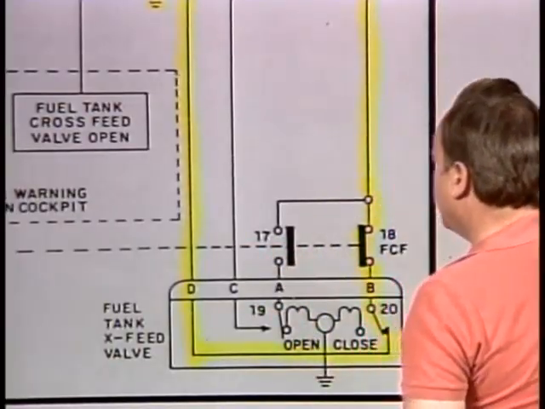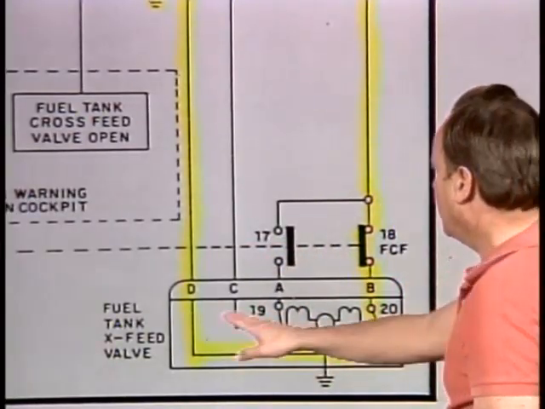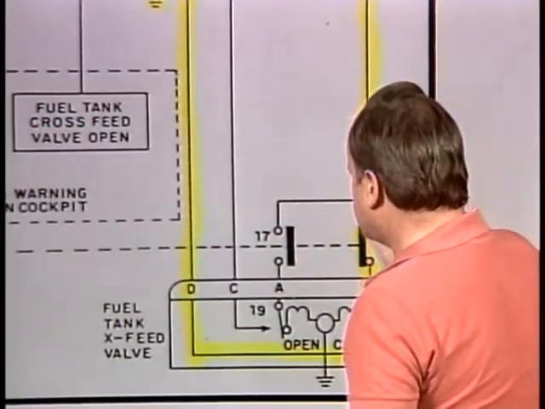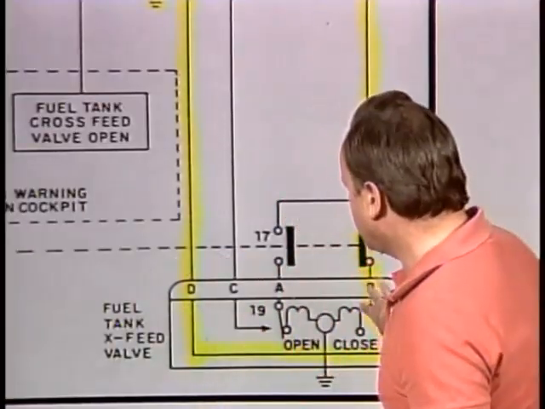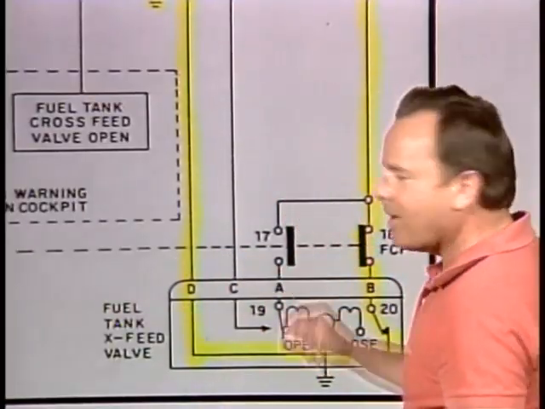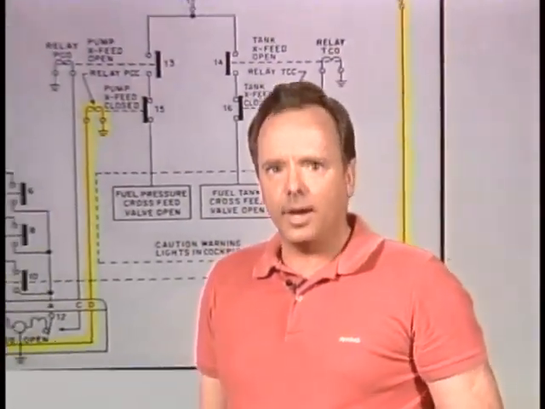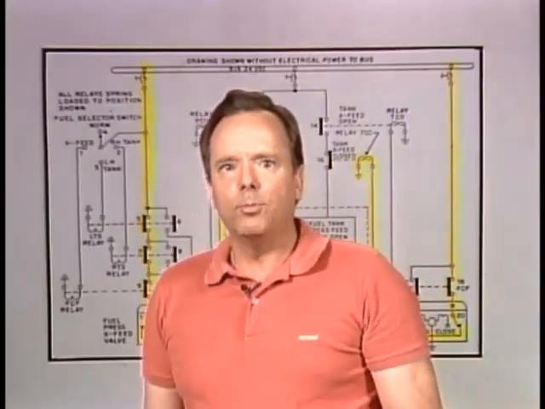And it would also activate at the same time 19 and 20. Since that relay is not activated, that's why we don't have to worry about the path changing here. So what we have activated when things are normal are the PCC and TCC relays. Then they're energized.